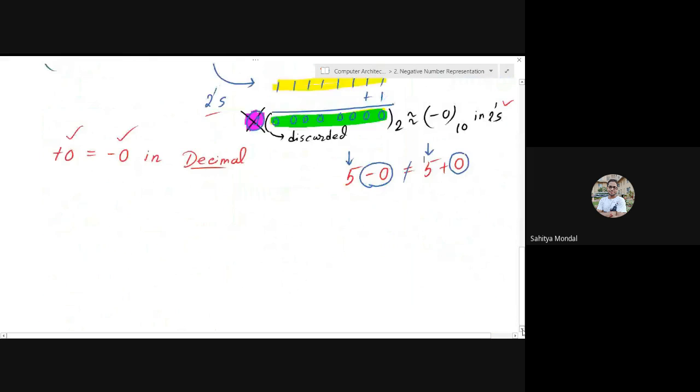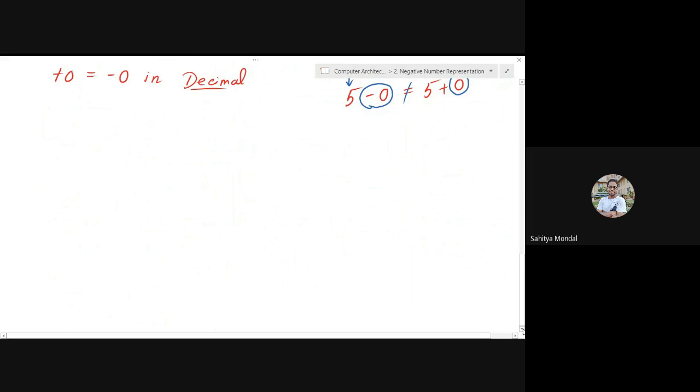Okay, and very interesting thing in C programming, if you write int a equals to 10, then int b equals to negation a, negation a means 1's complement.